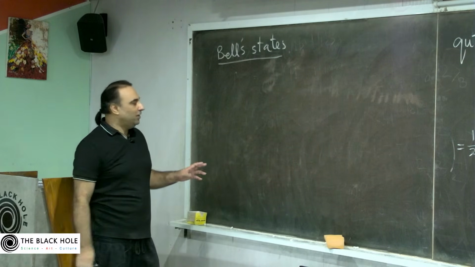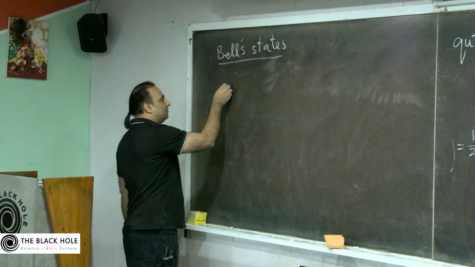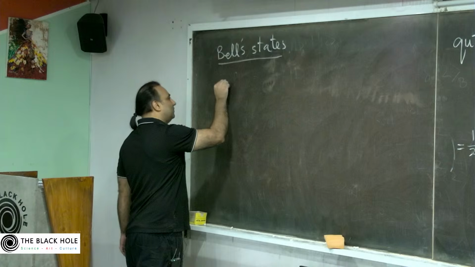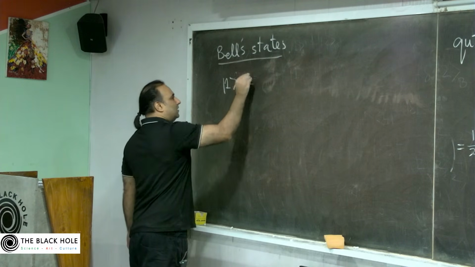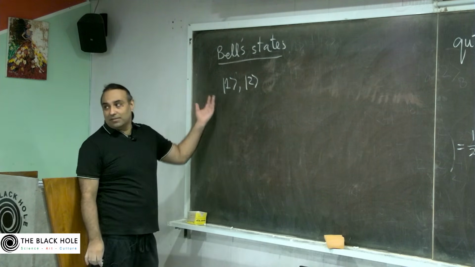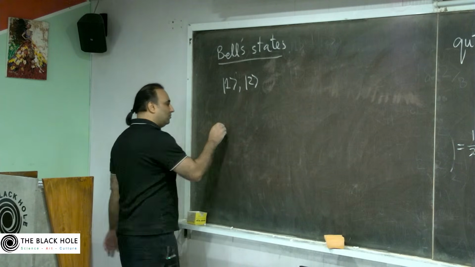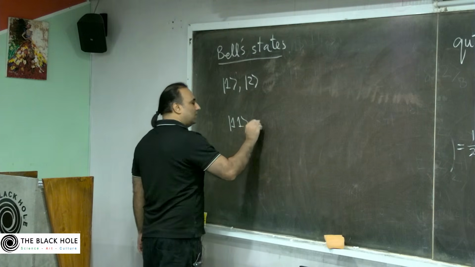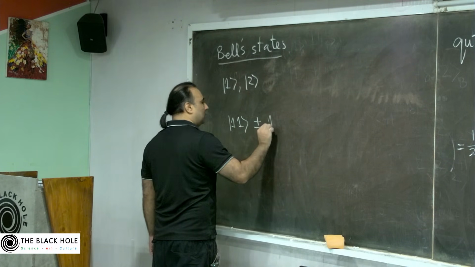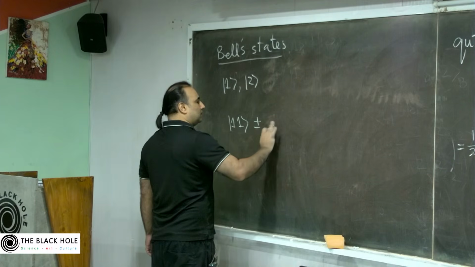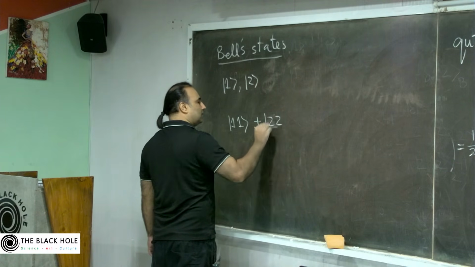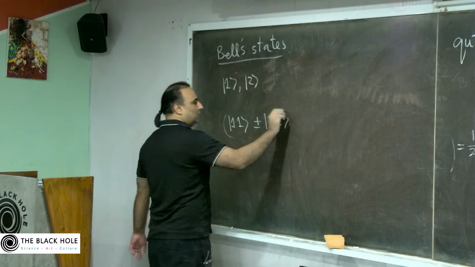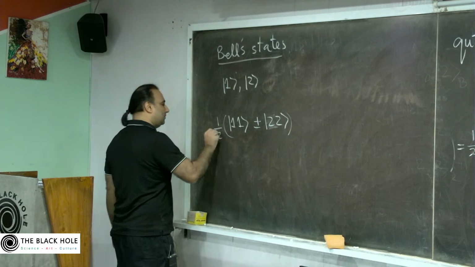So if you have this, should we keep using the same notation? Yeah, I guess. So we have the same notation for system A and B. Then we have these 4 states, which are 1 1 plus minus 2 2, and you normalize it and you obtain 1 by square root 2.